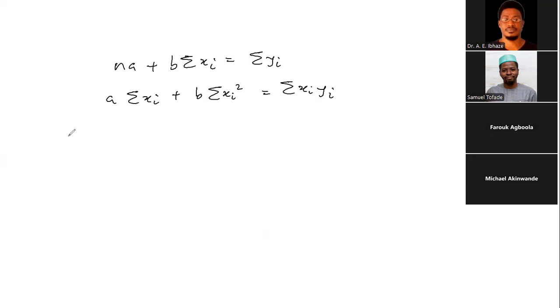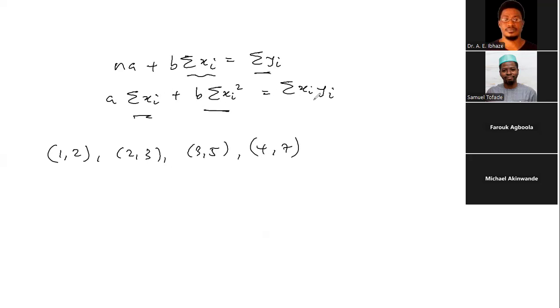So in this case, let's assume we have some points: 1, 2; 2, 3; 3, 5; 4, 7, for instance. The first thing we want to do is figure out these terms. So we can figure out sigma x sub i.